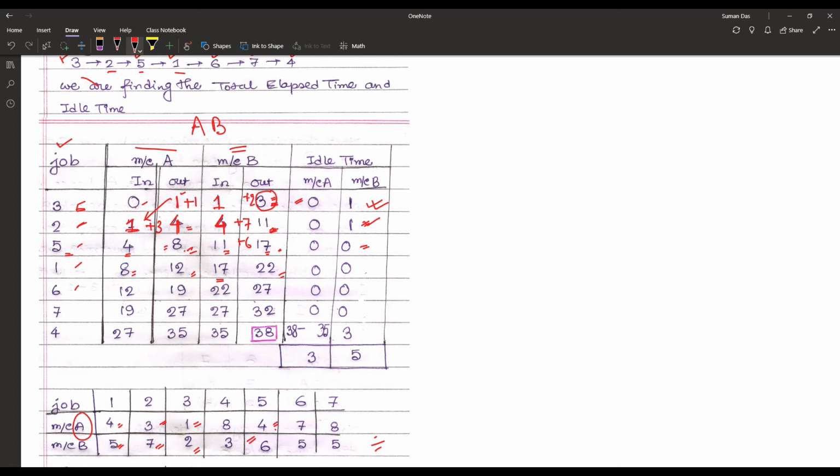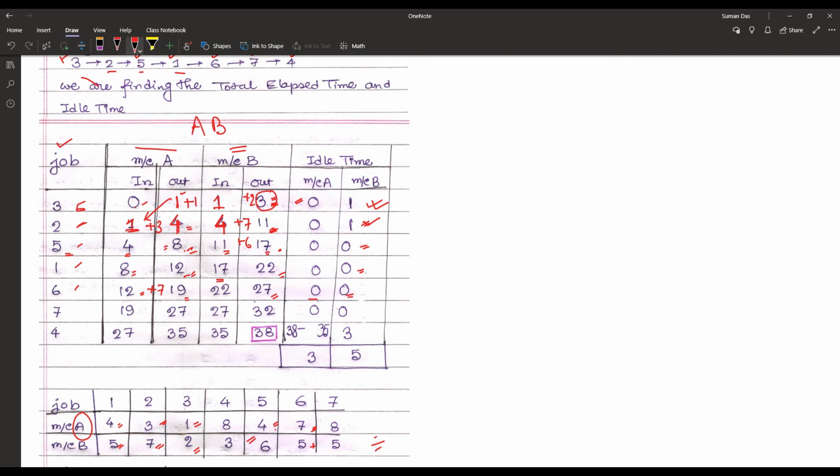So also there is no idle or waiting time for machine B and machine A. Next job 6. Machine A ended on 12 and job 6 has the processing time 7, so it has ended on 19. Once again no waiting time for machine B: 22, and the processing time was 5, so 27. No idle time for machine A, no idle waiting time for machine B.